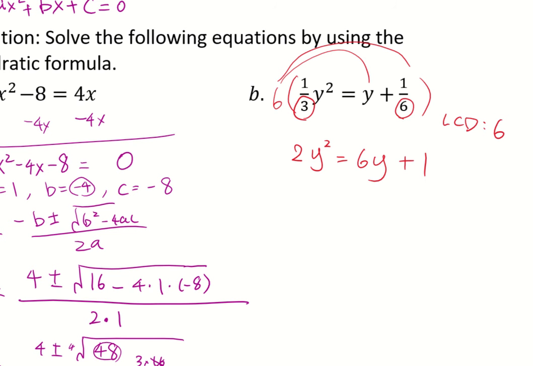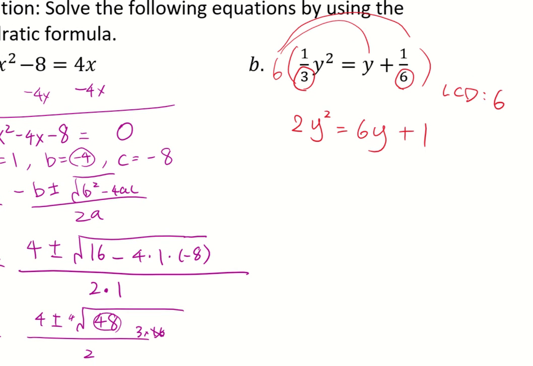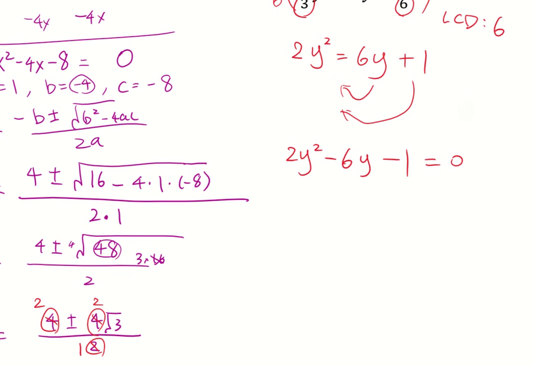And we can solve it by using the formula. So I'm going to just move everything to the left side because I want to leave the y squared positive. It's easy for simplification. So I have 2y squared minus 6y minus 1 equals 0. It's in the standard form. We can use the formula.